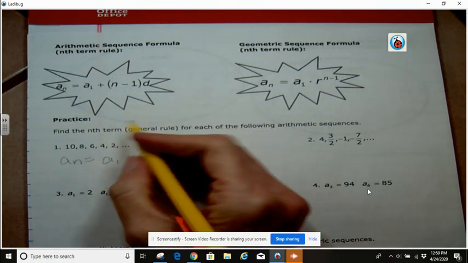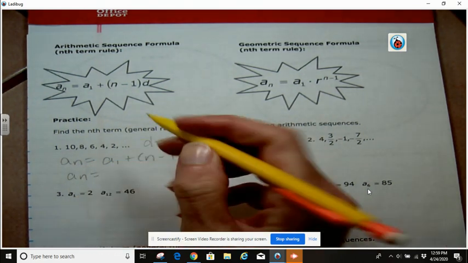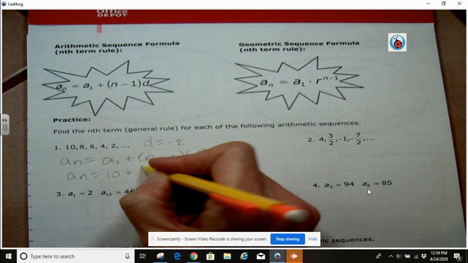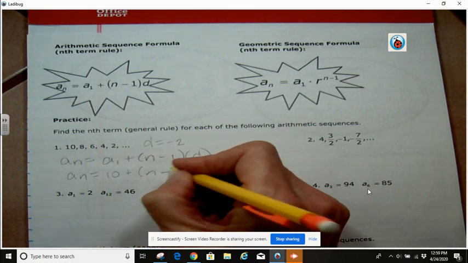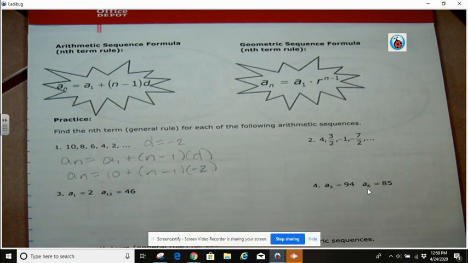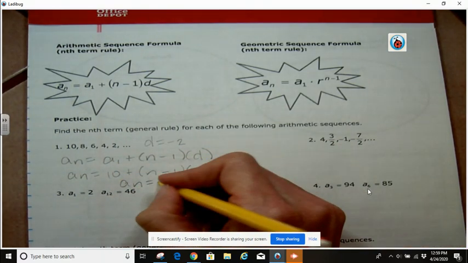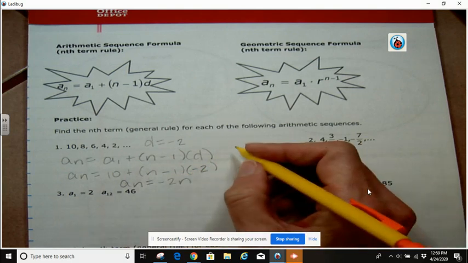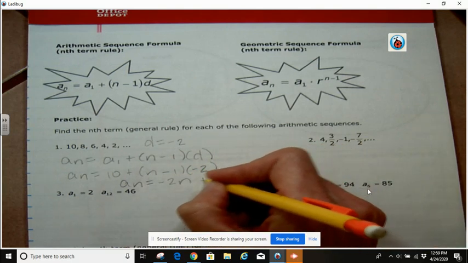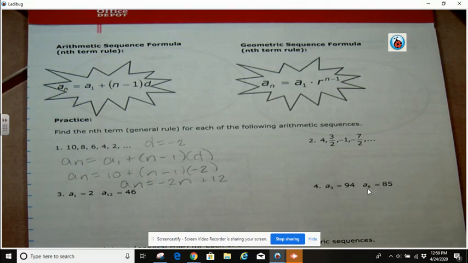So to find the nth term and general rule, we're going to substitute in the first term, and we are going to substitute in the common difference. And then when you clean that up, so you would distribute right here. So you have -2n plus 2, and then you can combine your like terms. So your general rule is a sub n equals -2n plus 12. Okay, which is just this simplified.